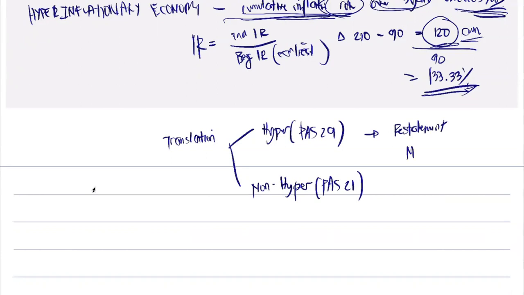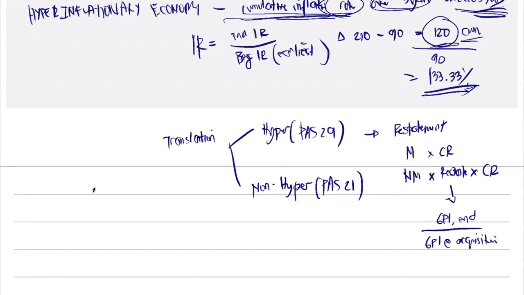So money items, you just multiply it to your closing rate. Non-money items, you multiply it to your restatement multiplied by closing rate. How do we restate? We get the GPI, the price index at the end, divided by the GPI at the acquisition of that particular non-money.